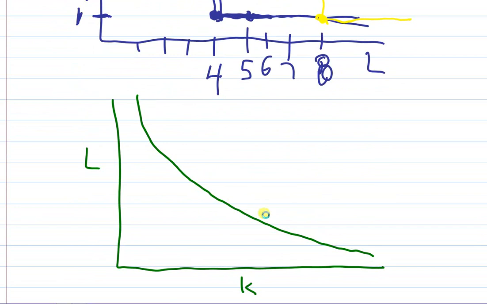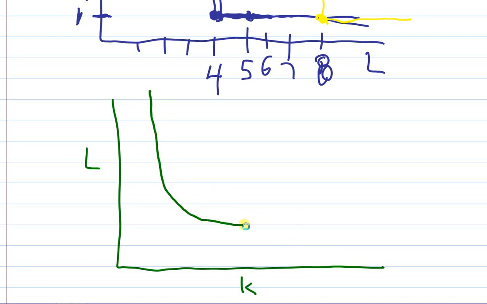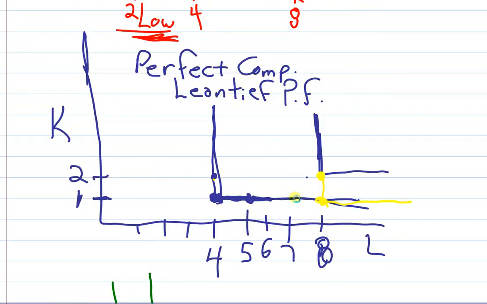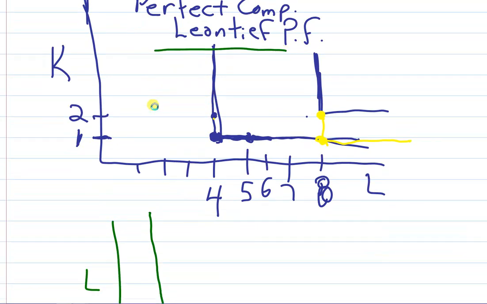Well, this indifference curve in this region is almost a perfect straight line, so that means that it's very easy to substitute between the 2. Now, on the other hand, if you were looking at an indifference curve that looks more like this, well, that looks much more like an L. And so that's going to be in a situation where it's much more difficult to substitute between the inputs. It's more like one of these Leontief production functions.